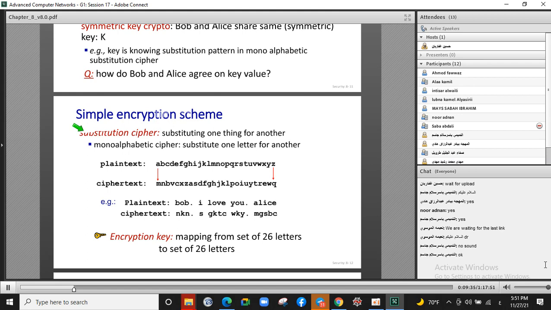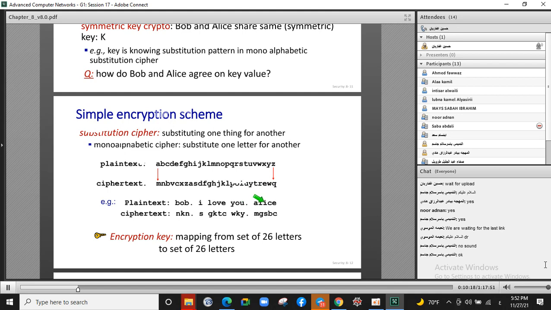What is this? In this strategy, look at this one. Here we have different English characters, and we substitute those characters with others. For example, instead of A, we can use M. Instead of B, we can use N. Or instead of Z, we can use Q. So if I have this plain text, Bob, I love you, Alice.